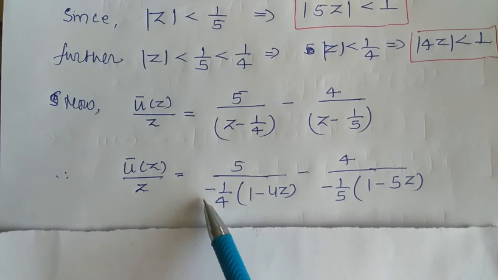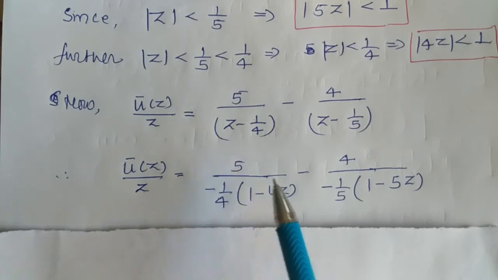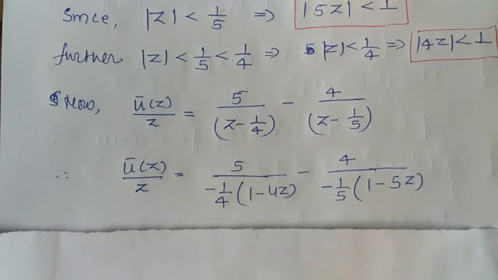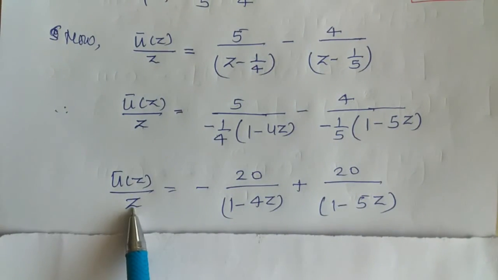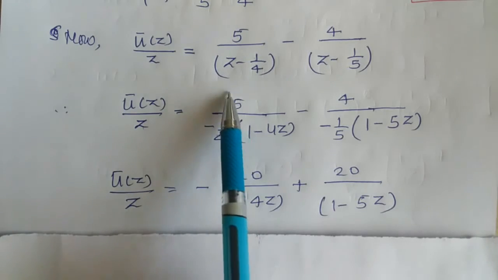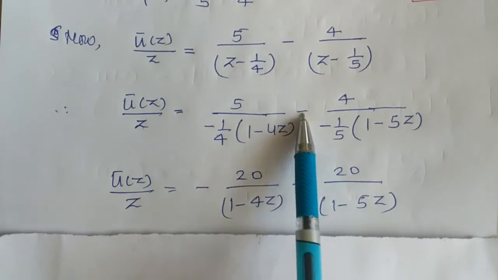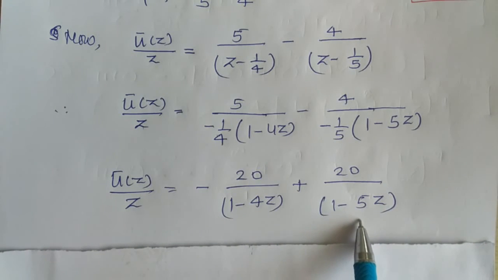Now this 4 goes in the numerator, we get minus 20 here, and negative negative positive, this 5 goes in the numerator, we get 20 here. So we write U bar(z) upon z is equal to minus 20 upon 1 minus 4z plus 20 upon 1 minus 5z.